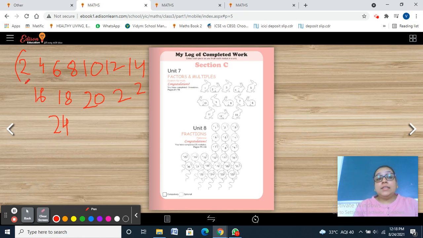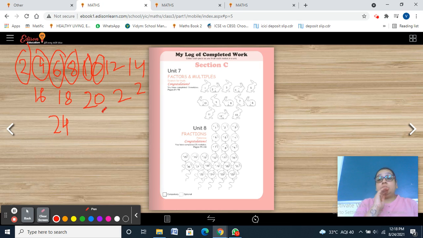So all these numbers are even numbers. Why? Because the number which comes in the table of 2 will be divided by 2 and you will get the remainder as 0.